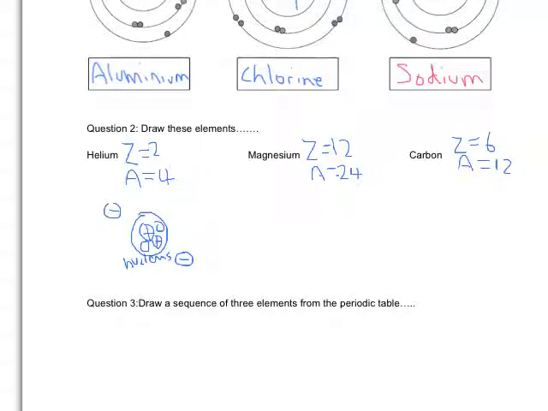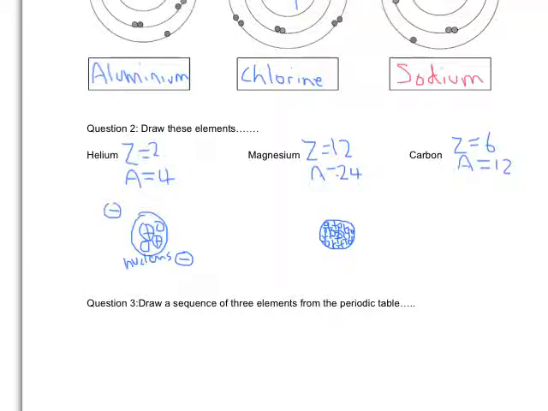Okay, magnesium has a Z of 12 and an A of 24, so that means 12 little pluses, 1, 2, 3, 4, 5, 6, 7, 8, 9, 10, 11, 12, and 12 neutron circles, 1, 2, 3, 4, 5, 6, 7, 8, 9, 10, 11, 12. So that's 12 protons, 12 neutrons, and it's therefore got 12 electrons.